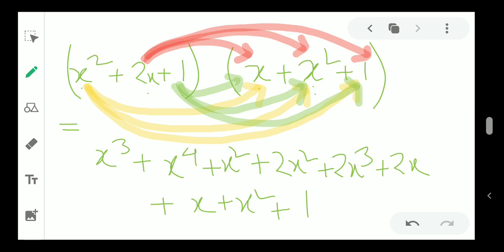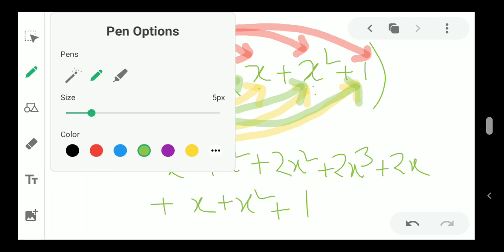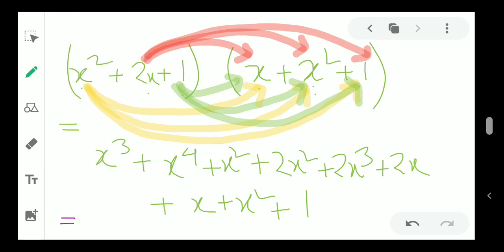And then you can solve, see, the same quantities can be added all together. Let me do it downside. So let's say x cube is here and x cube is here. So 1x cube and 2x cube, that means 3x cube. x to the 4 is alone, so I will talk about it later on.